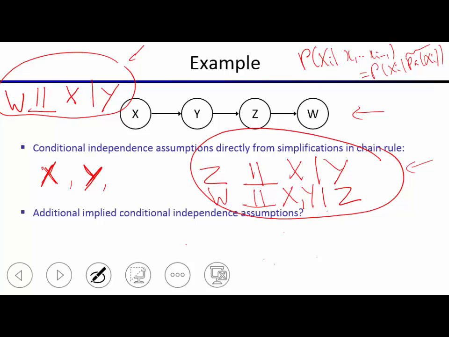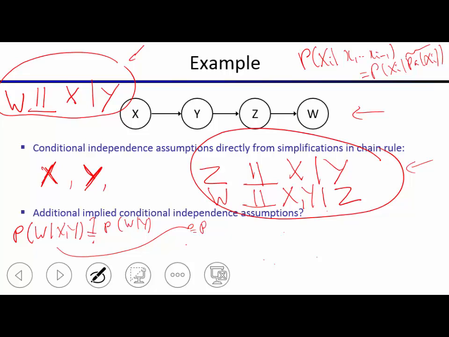We need to show that the probability for w given x and y is equal to the probability for w given just y. We don't know yet if this is true. We have a hunch. Let's try to prove it. So let's start with the left side.